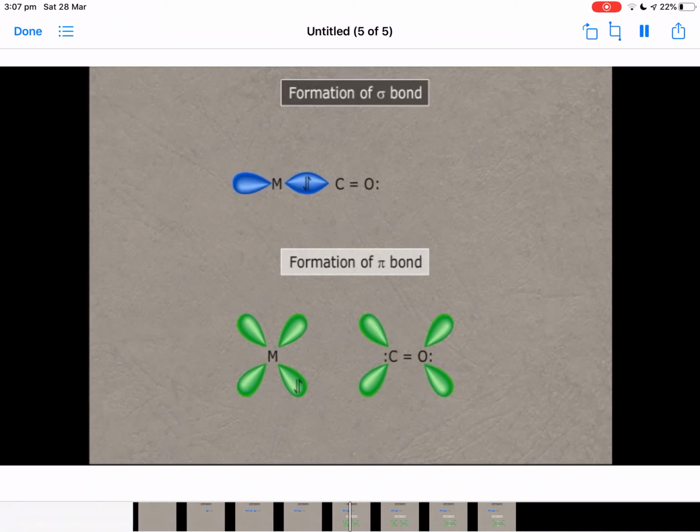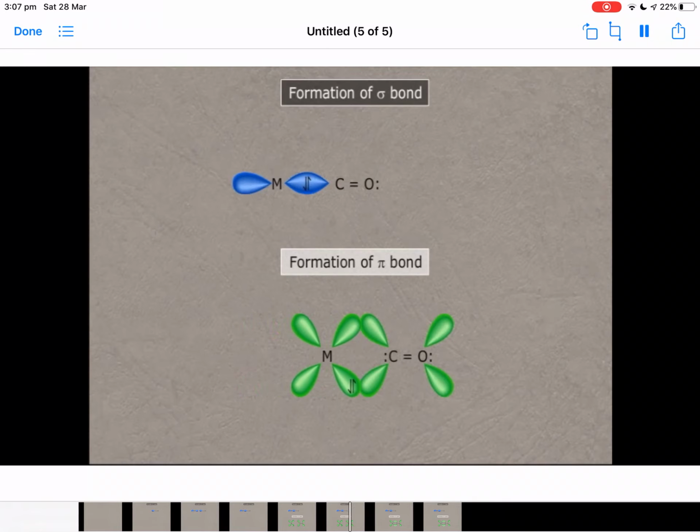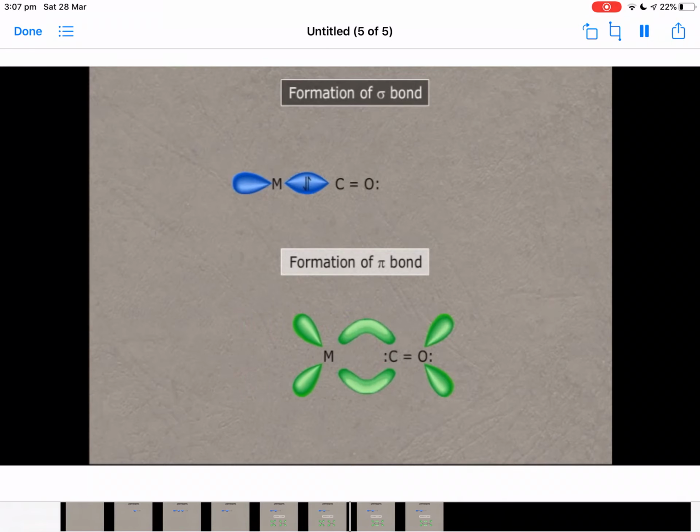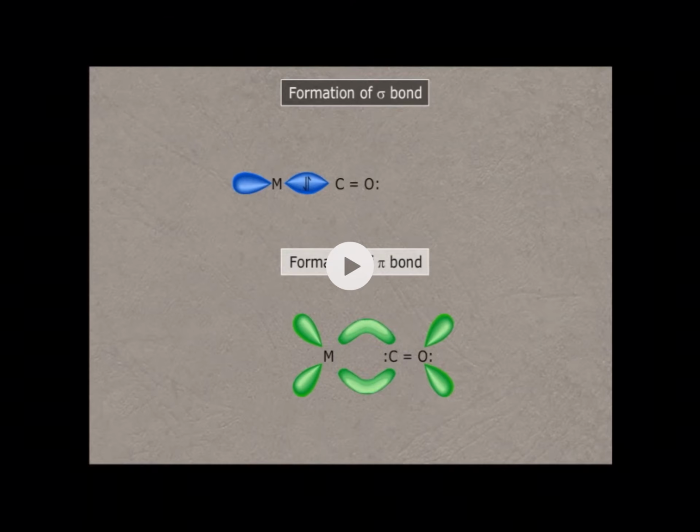The metal atom approaches close to the carbon monoxide molecule, you can see here, and gives its electrons to the anti-bonding pi orbital. Now this is very clear, and this effect, what I told you, is called synergic effect, where the sigma and the pi bonds are perpendicular to each other.